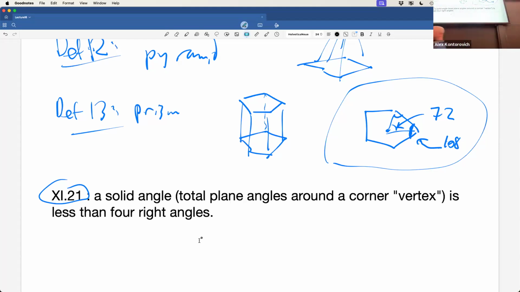Alice, how did I get 180 in the 108? The 72 is 360 over 5, because there are 5 of these triangles from the inside.